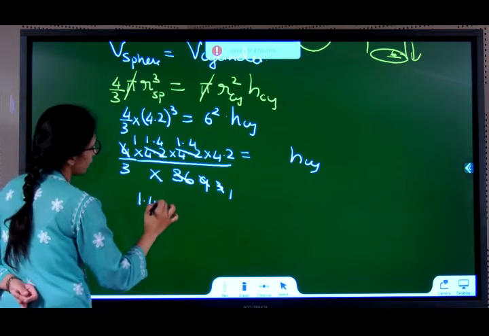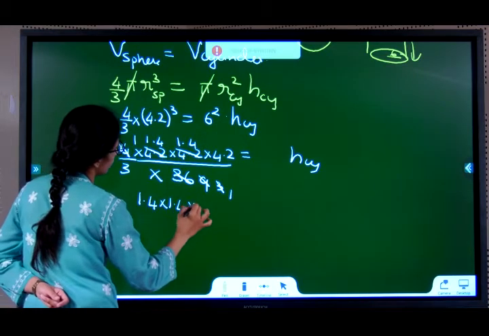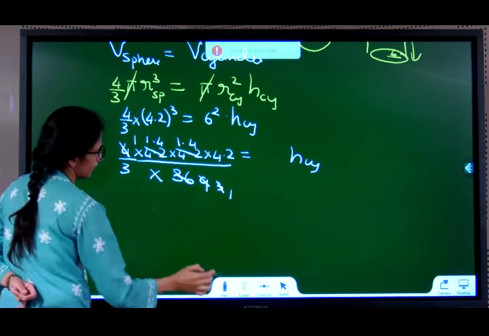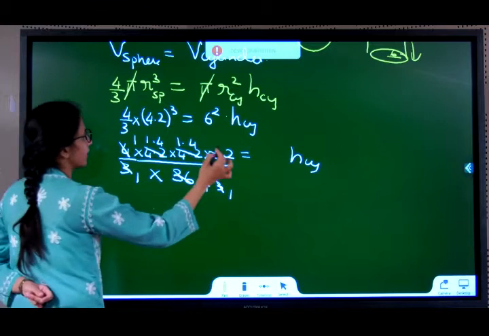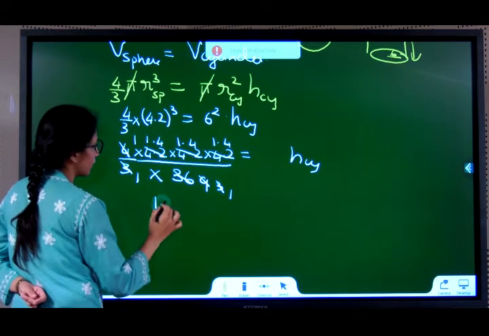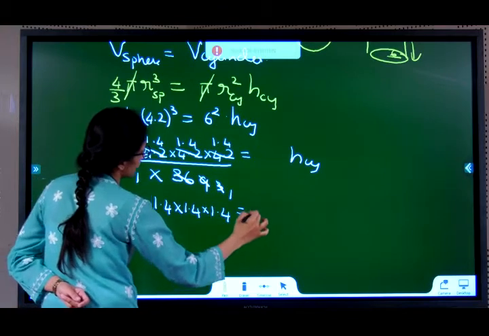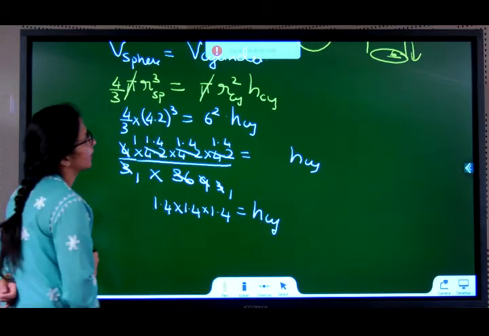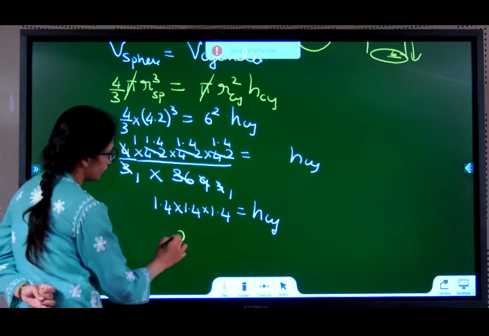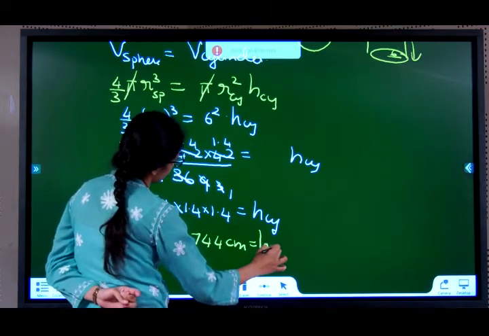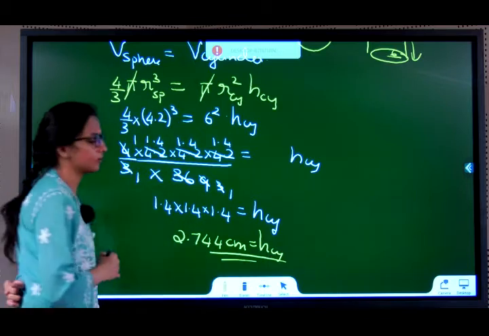So 1.4 into 1.4 into 1.4, there's another 3 here, so cancel this also. So you get 1.4 into 1.4 into 1.4 is equal to h of cylinder. How much is that? 2.744 centimeters is equal to the height of the cylinder.